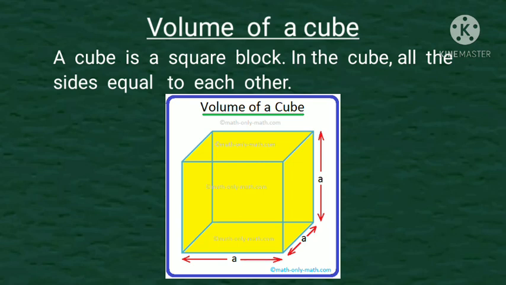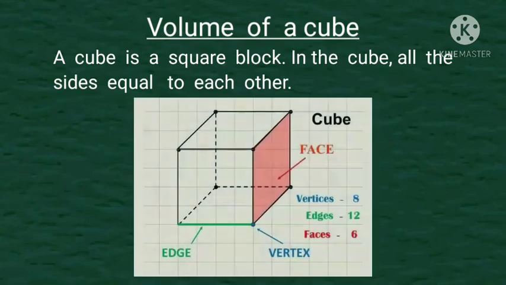How many vertices does a cube have? Do you know? Can you say? A cube has 6 faces, 12 edges and 8 vertices. You remember that a cube has 6 faces, 12 edges and 8 vertices.